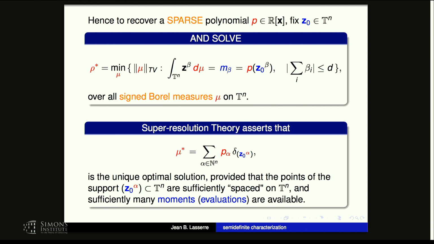You have some evaluations which are viewed as moments of this measure, and you minimize the total variation. And the message is that if the atoms are sufficiently separated on the torus, and you have enough measurements, I mean enough evaluations, then your polynomial is exactly the unique solution of this problem.